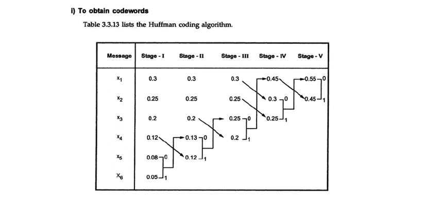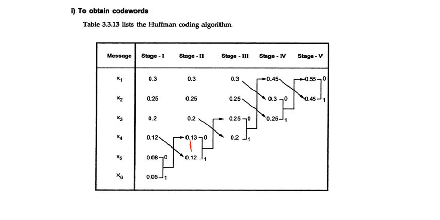Now again we combine both of them, and the combined probability we write as 0.25. Among these two symbols, the least one is 0.12, so that is assigned 1, and the highest one is 0.13, that is assigned 0.